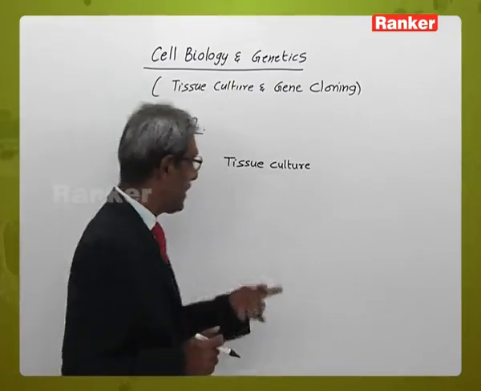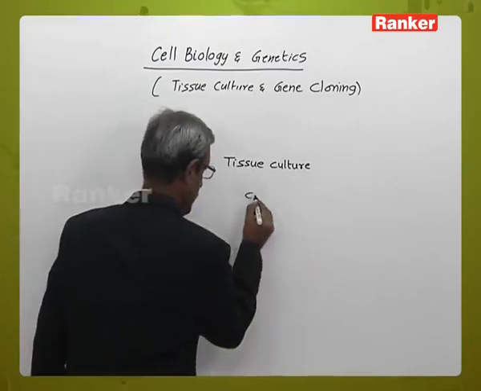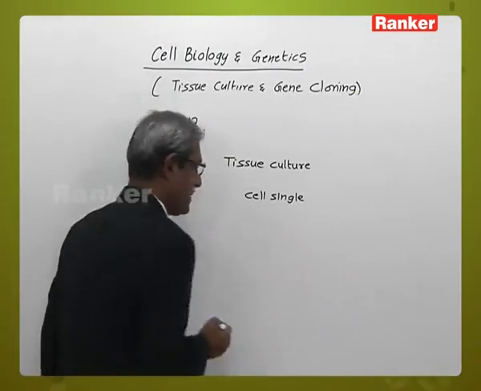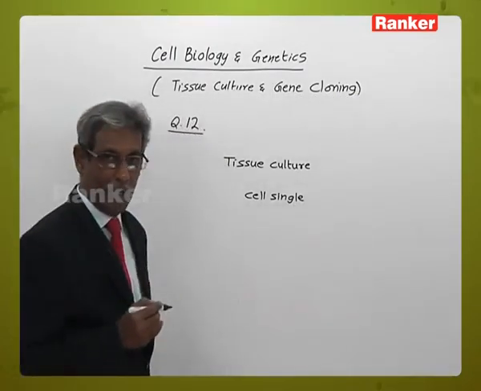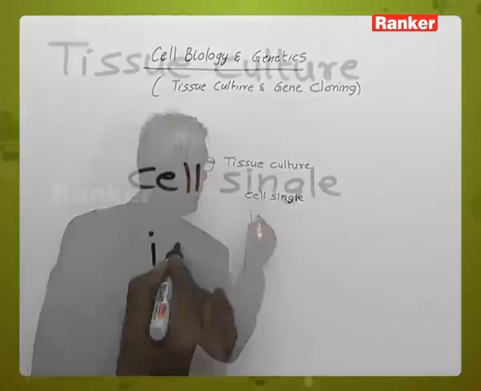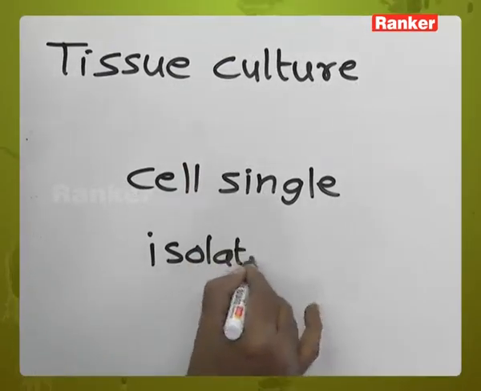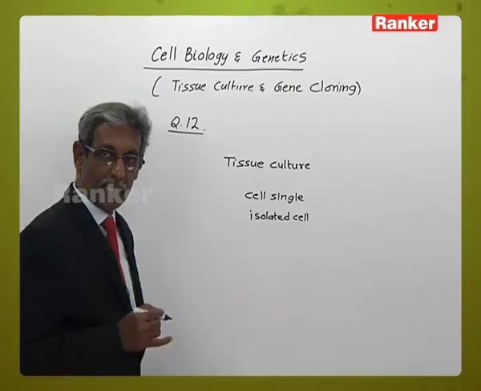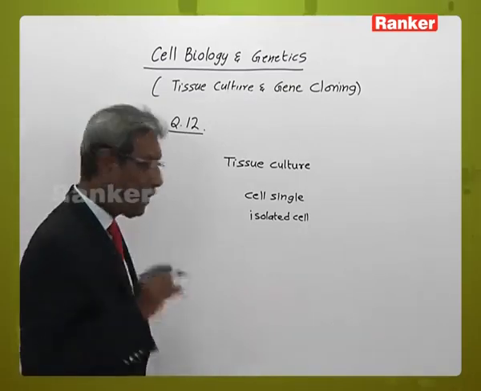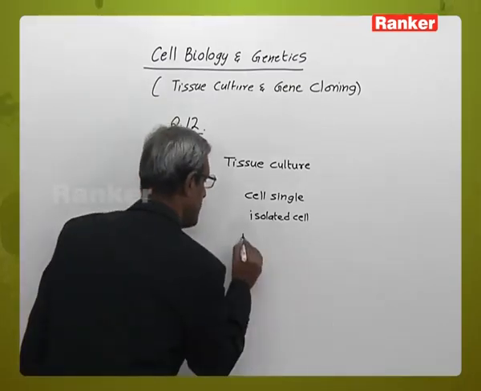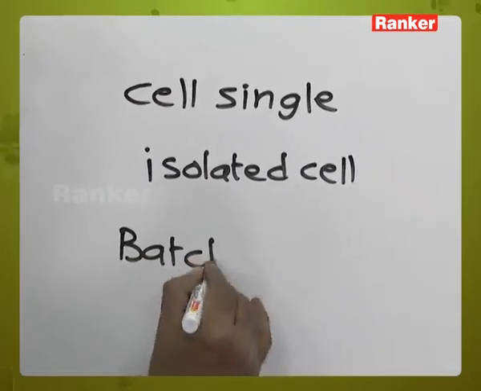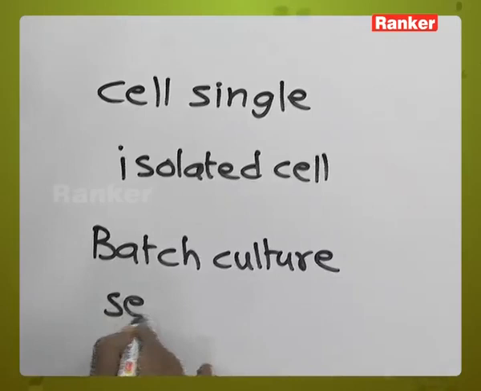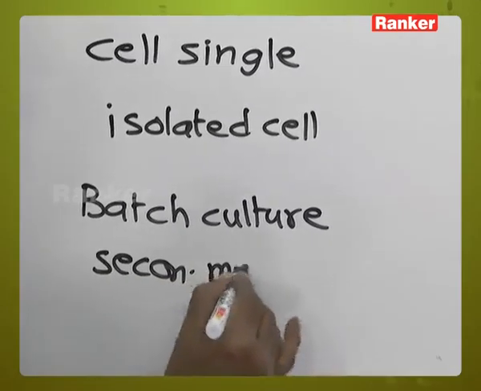So, when we are taking single cells, a single cell culture is an example of an isolated cell culture. An isolated cell culture is the basis for batch culture, which is useful in the production of secondary metabolites.